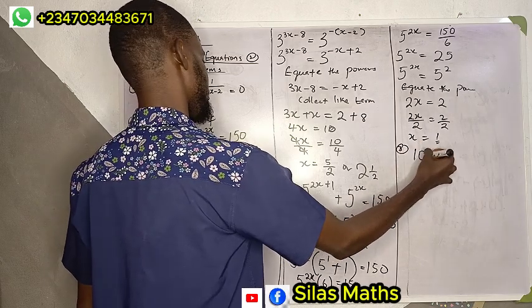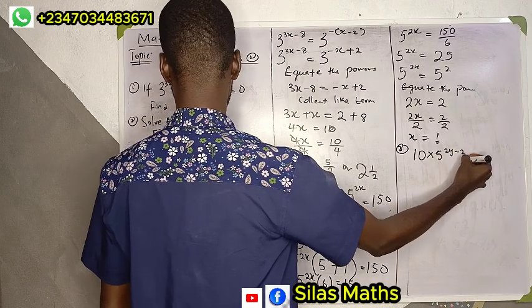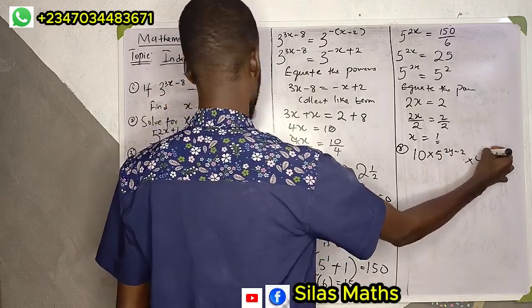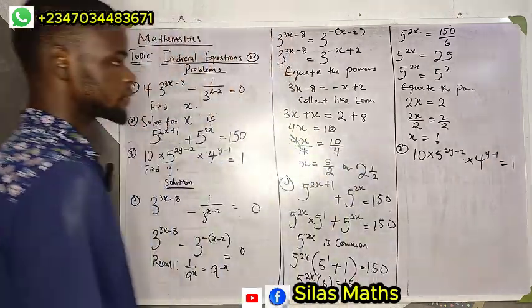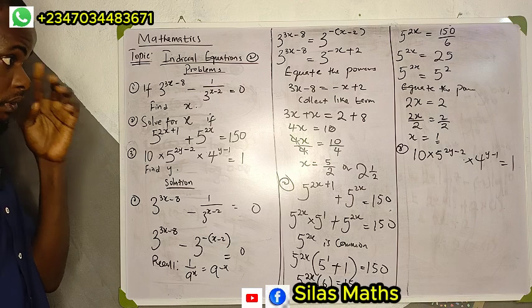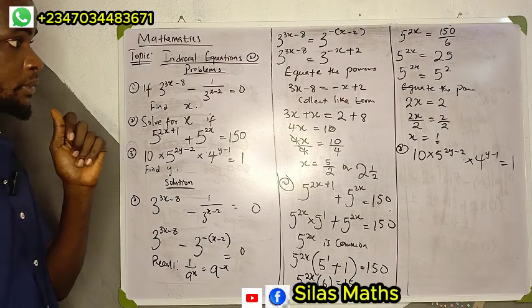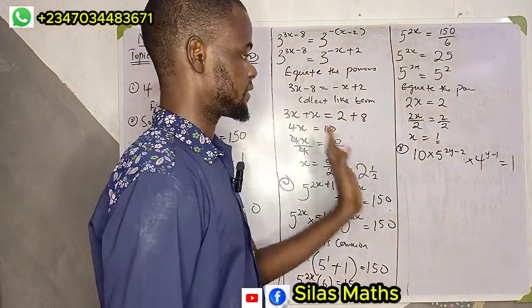10 times 5 to the power of 2y minus 2 times 4 to the power of y minus 1 equal to 1. So what do we do? Take a close look at this problem. We can actually express this 10 in the form of 2 times 5.